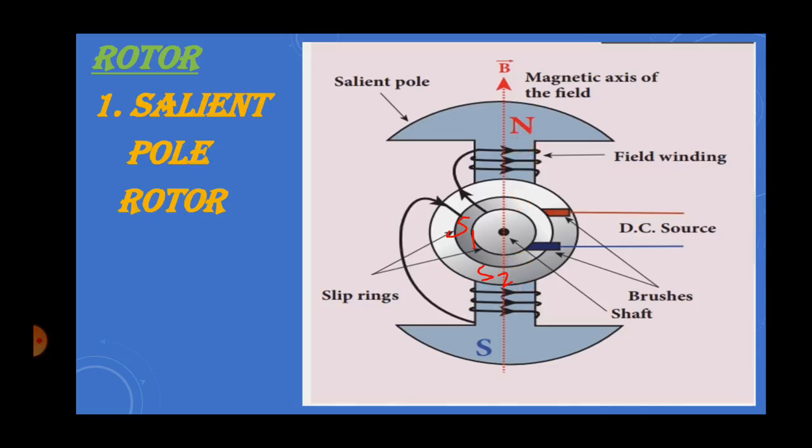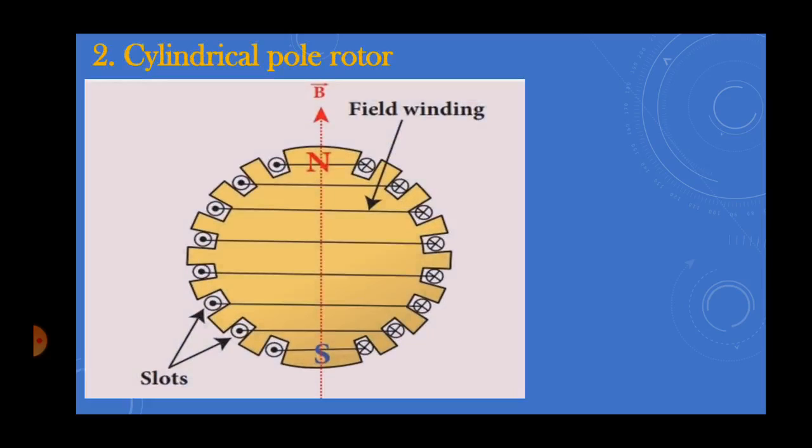Then the second type of rotor, the cylindrical pole rotor. This rotor consists of solid material. That means we have a solid cylinder, and it has a large number of cavities.